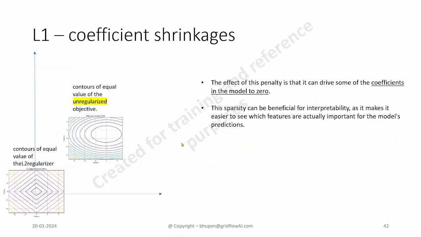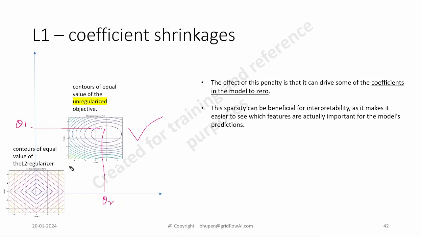Now, another intuition: let's say you have your mean squared error without the penalty term, and this is the minimum point, so these would be the coefficients. Let's say this is theta 1 and theta 2.